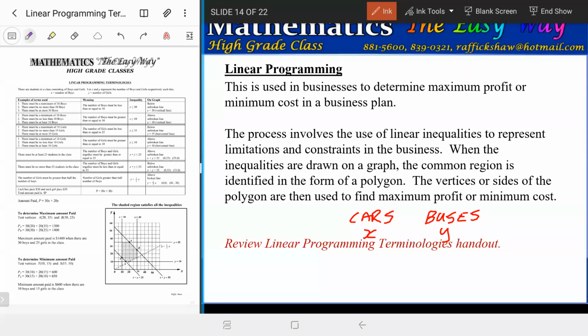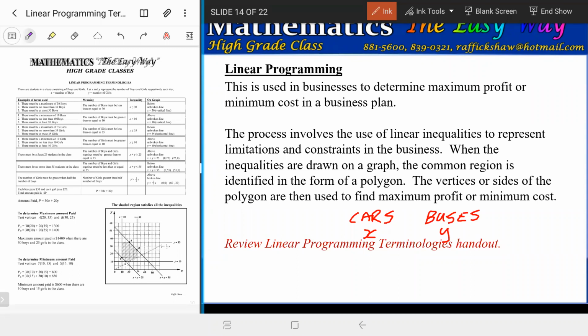Right? Are you going to spend the whole 10 million? Are you going to spend less than the 10 million? What is for certain is that you can't spend more than $10 million. So that's a limitation. So you represent that as an inequality. The total that you spend on the buses and the cars will have to be less than or equal to 10 million. And that is one inequality based on the money that you have.